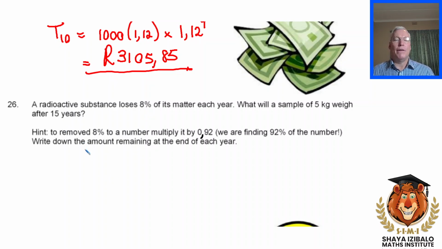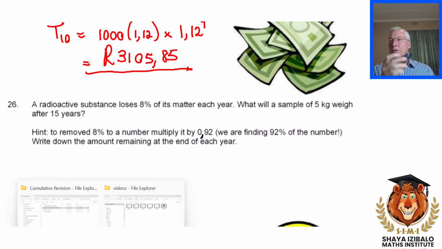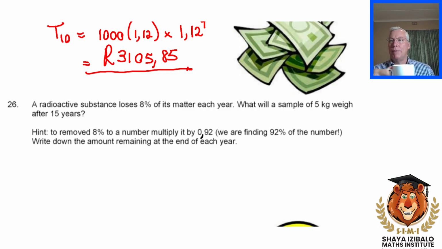Now the way we remove 8% from something, suppose it's the mouse on my computer, or a cup. This is 100%. If we want to remove 8%, then we are finding 100 minus 8, 92%. So what we're going to multiply by this time is 0.92 each time.